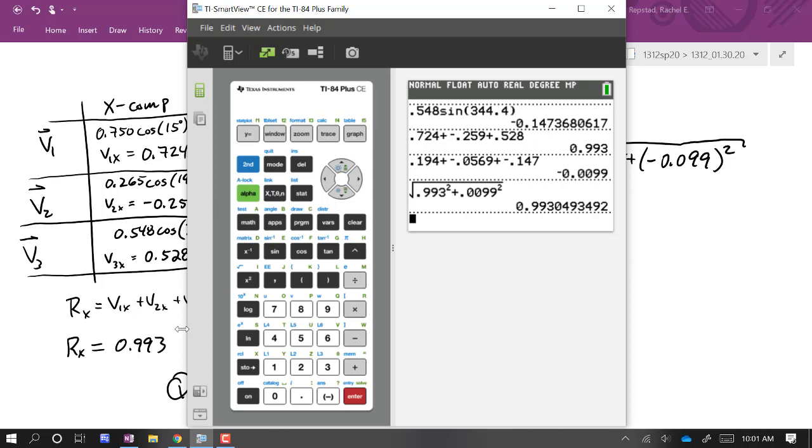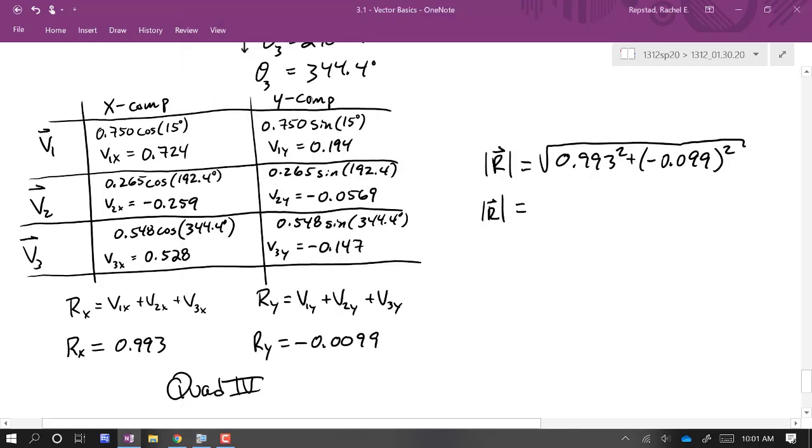Pretty close to just 0.993 if I'm using 3 significant digits. It's slightly longer, of course, because it's the hypotenuse of a really thin sliver of a right triangle. So like 0.99305. If we were using 3 significant digits, we would just call it 0.993.